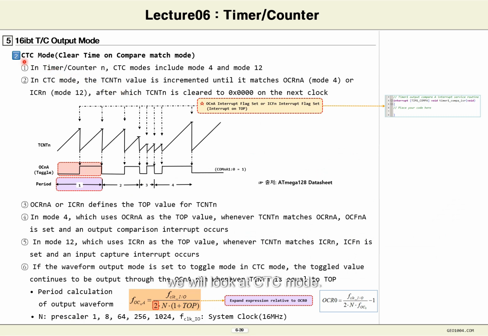This time, we will look at CTC mode in timer counter 1 or 3. Mode 4 and Mode 12 will be the corresponding CTC modes. So, Mode 4 will be OCRnA and Mode 12 will be ICRn.